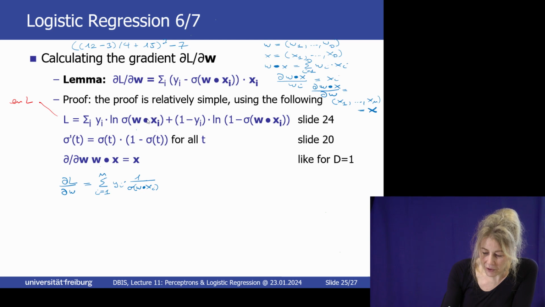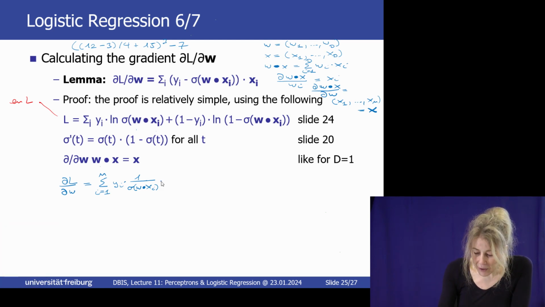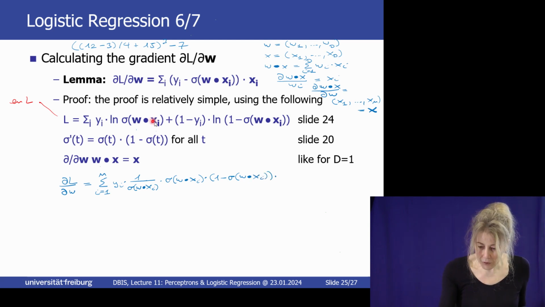The derivative of this thing is this thing, and then I even have the derivative of this inner thing. So multiply with this, and then the derivative of this thing. I just do it. So I get the derivative of sigma times sigma of w xi times 1 minus sigma, that's the derivative of this, and one more chain rule times the derivative of this.